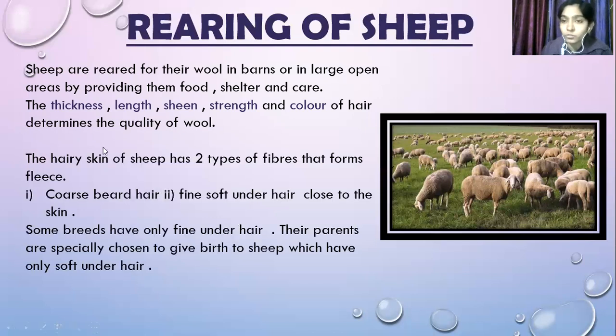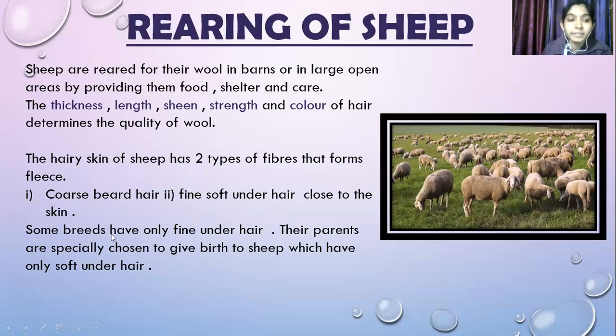So now we know that we get wool fiber from the sheep. So the hairy skin of sheep has two types of fibers that form the fleece. First one is coarse beard hair, and second is fine soft under hair close to the skin. But some breeds have only fine under hair. Why do they have fine under hair?